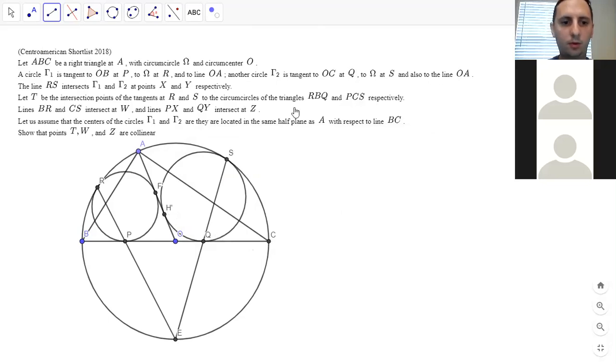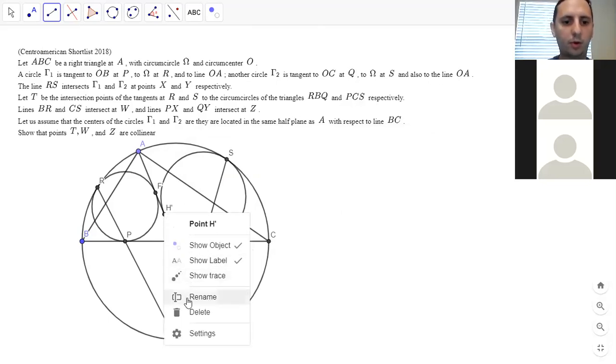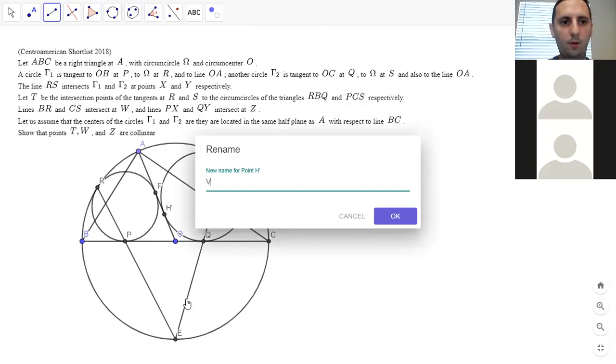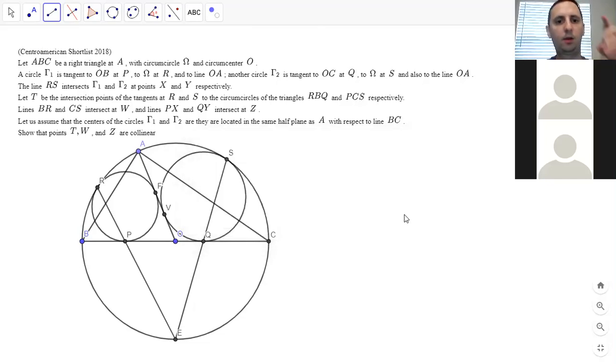Sorry, I just don't like having a prime. Okay, so this is saying F prime. Whatever, I'm just gonna leave it like that for now.